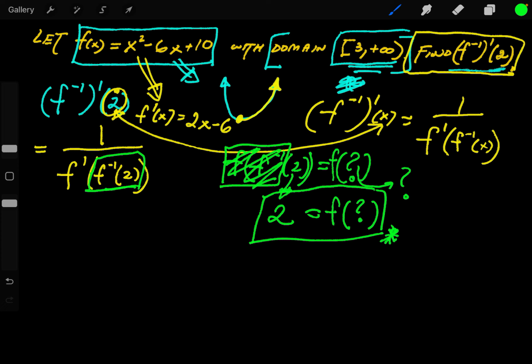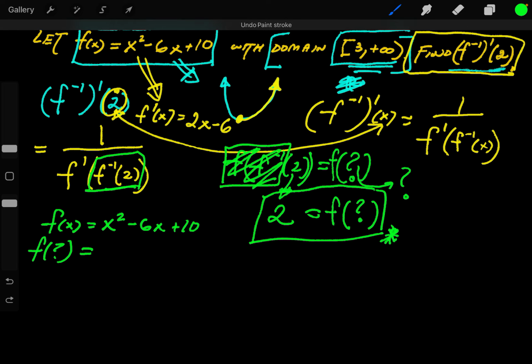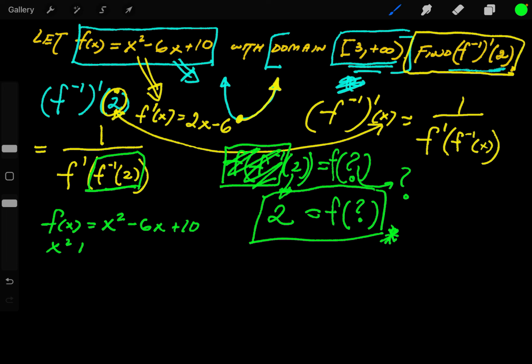And if we look at f, so here's f. I want to know what to plug in here. So f of what value is 2? What x value is going to give me 2? And there's something a little strange about this.